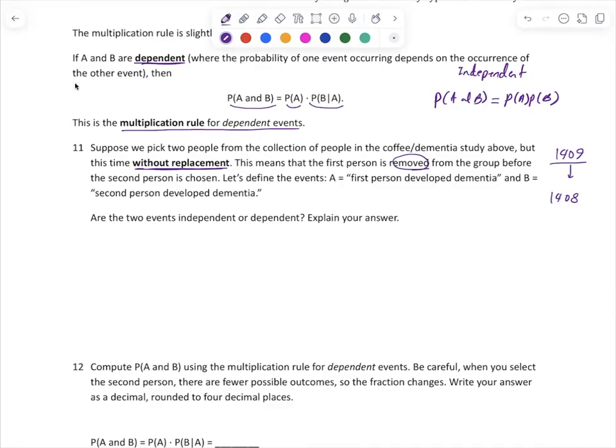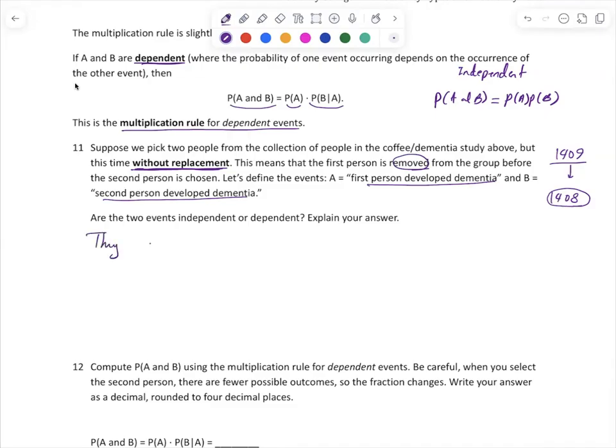This is the main difference. When we say without replacement, it means that the total number is now reduced. Are these 2 events independent or dependent? The first person developed dementia and the second person developed dementia. These are dependent. Why? Because now I remove one person from the group and change the denominator, right?